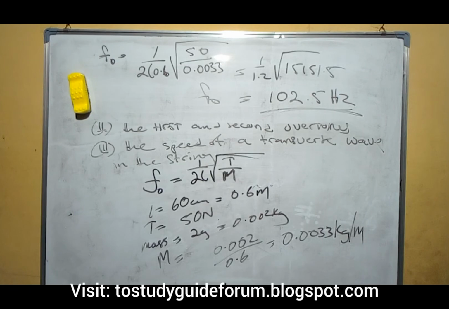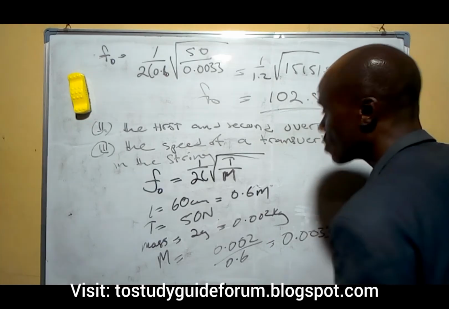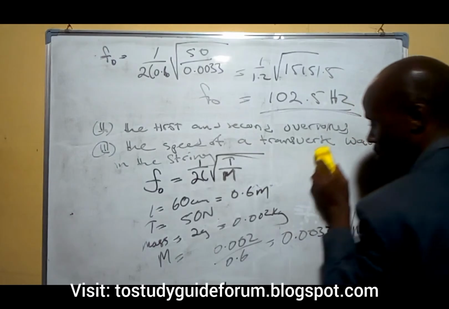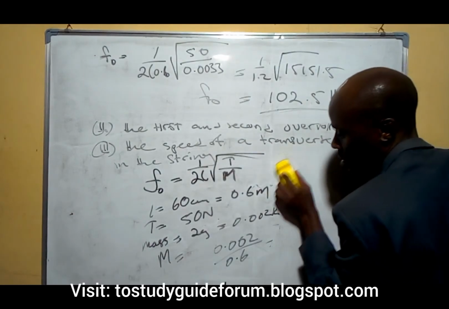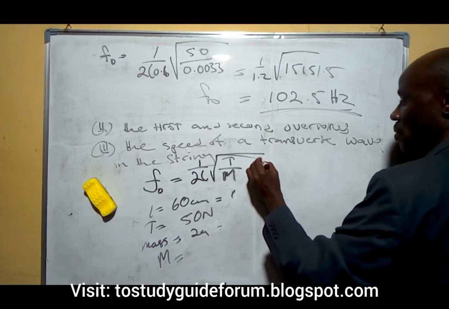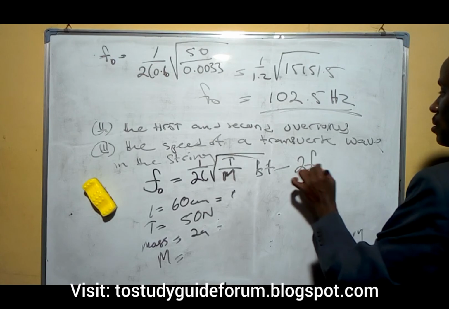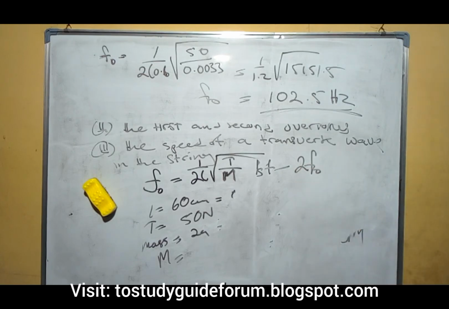Now we say that we should find the first and second overtone. The first overtone is 2 times the fundamental frequency.